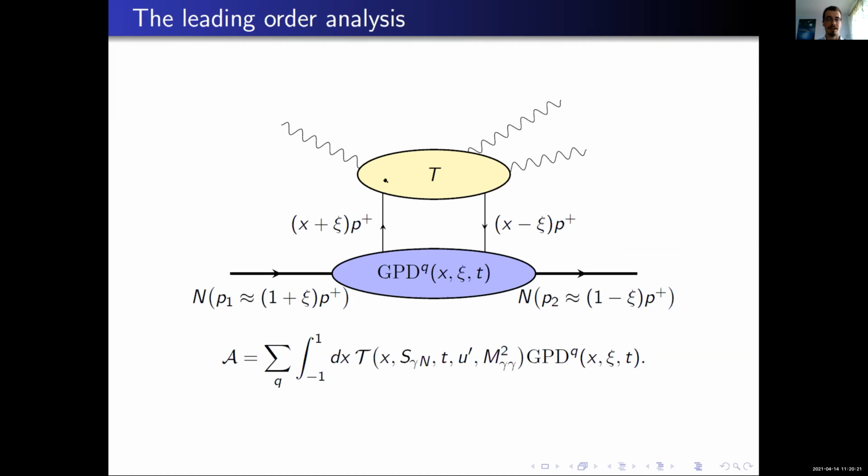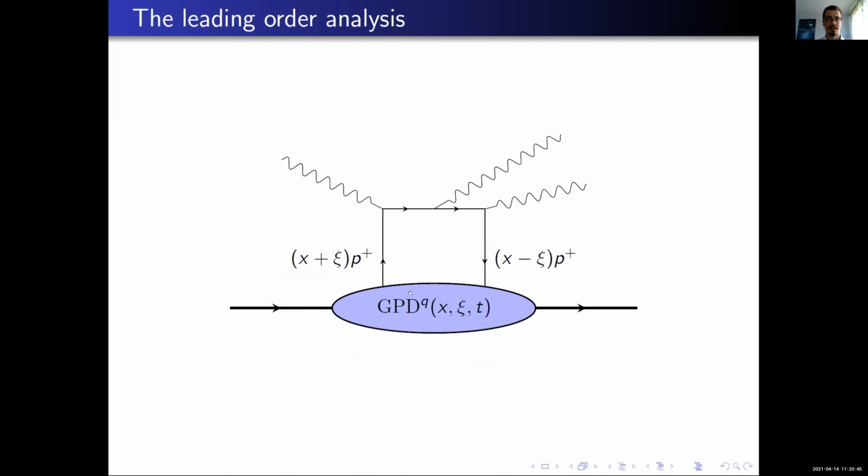The final form of the amplitude is the hard part integrated with the GPD over the parameter x, summed over all possible quark flavors taking part in the process. And at the leading order, we have such a simple tree-level diagram. Well, in fact, we have 6 such diagrams corresponding to all possible ways of attaching photons to the quark line.